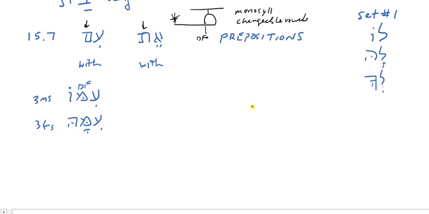Iman, with them, feminine. Immakhem, with y'all. Immakhen, with y'all, feminine. And then finally, immanu. Here I have immanu. There's my new ending. My accent is on the ma. Immanu. And that's first common plural.